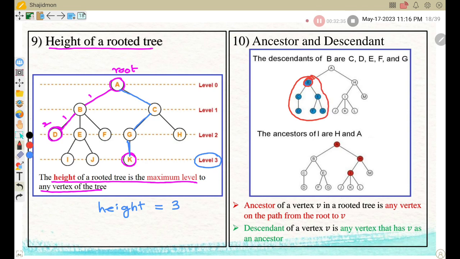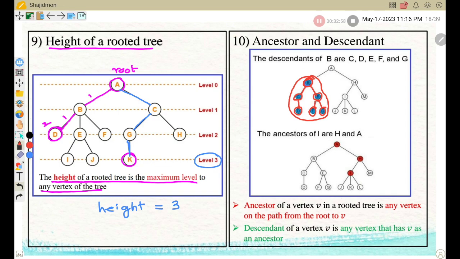See this tree. What are the vertices coming there? All these vertices are descendants of that vertex B. Because what are the vertices going down from B? For example, C, see, it is here. D also here. E also is a descendant. And F also, G also are descendants. So what are the vertices down from that one?